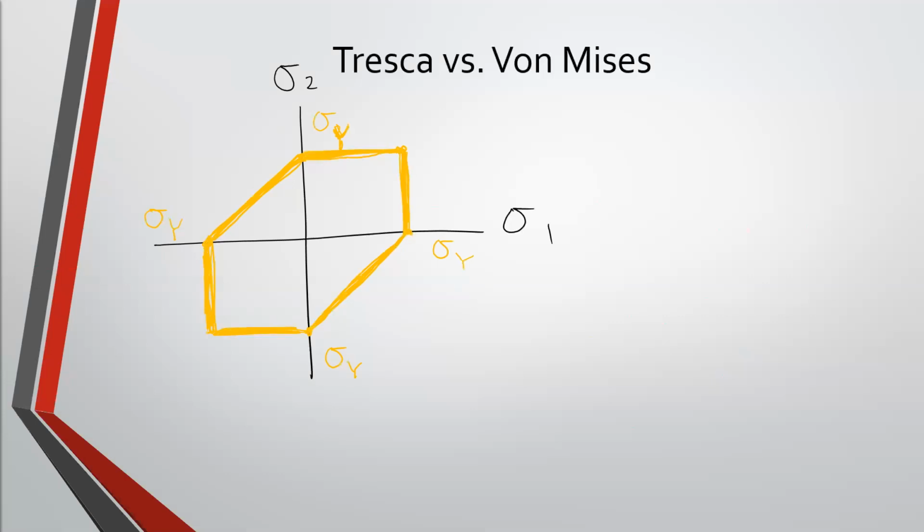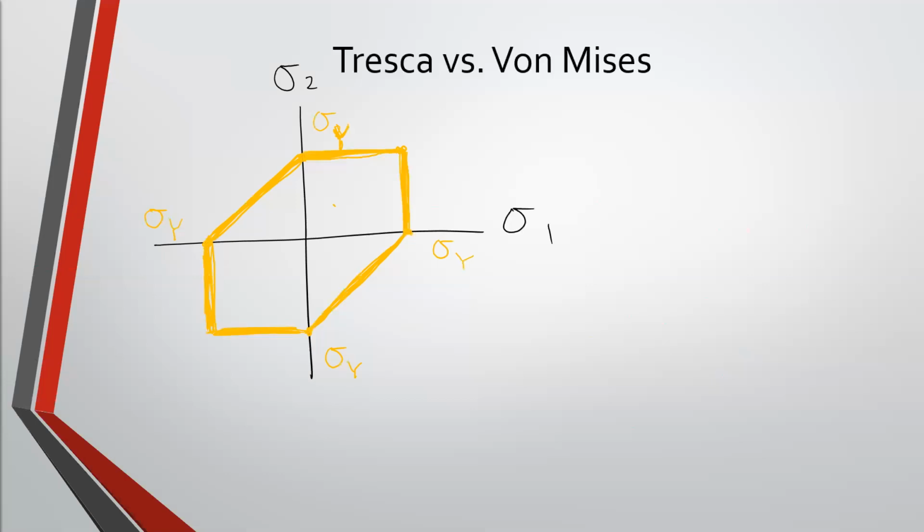If you plot sigma 1 and sigma 2 and you're anywhere inside of that, you have not yielded. You're behaving elastically. If you get on this surface, you are yielding. You can never get outside of this surface because it's kind of like when you're surfing in the ocean. Now I don't surf, so I'm going to mess this metaphor up completely.